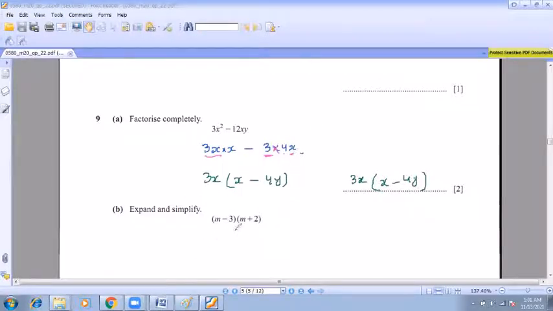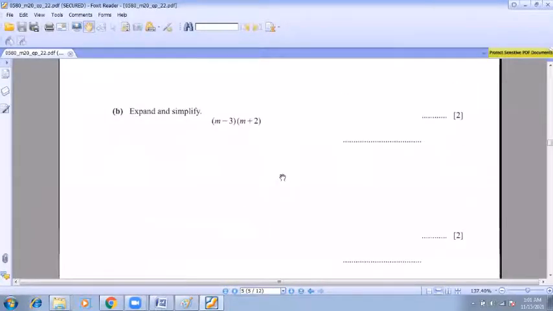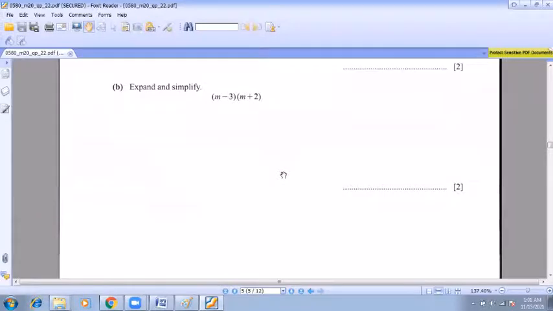And next part we have to multiply. We go next. Here, expand. Expand means multiply, and then we will try to simplify. In this case, you have to multiply m with m, and then m multiply 2, 3 multiply m, and 3 multiply 2.